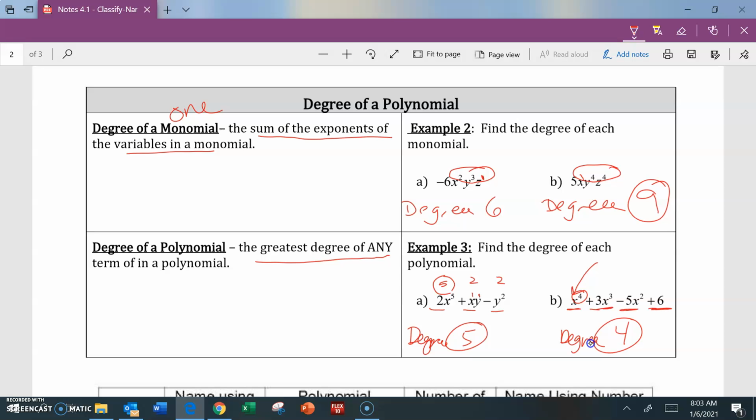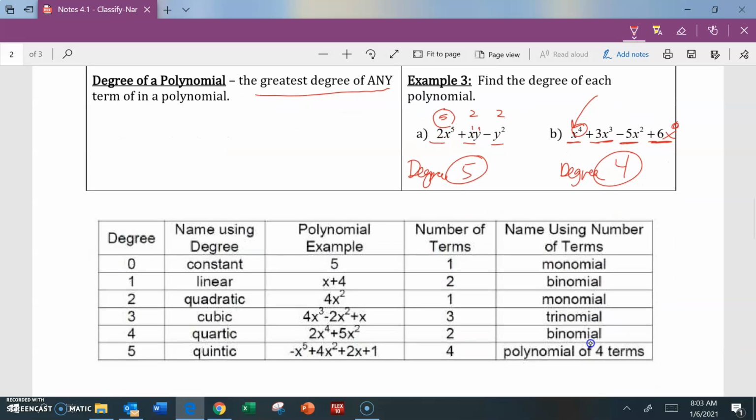This constant right here we say has degree 0 because you technically could write plus 6x to the 0 to equal just 6. Because remember, x to the 0 is 1. 1 times 6 keeps it at 6. Okay? So I hope that makes a little bit of sense.